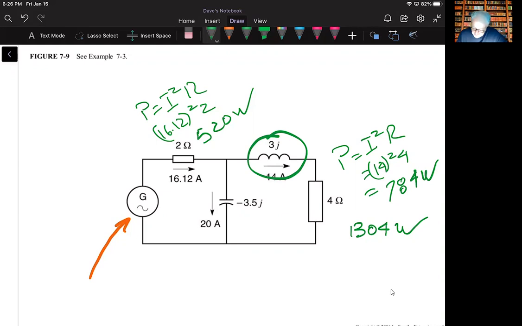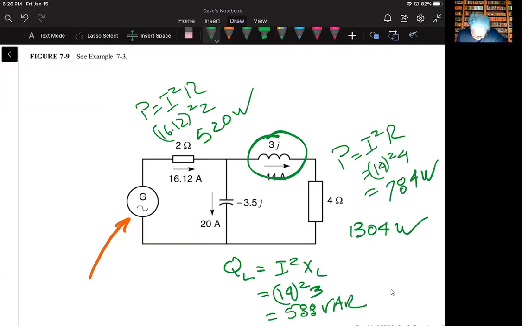We know that from definition, and that is represented by Q sub L for the inductive element. We know the current, and then we multiply that by the inductive reactance. So I get 14 squared times 3, which is 588 var for the inductor.